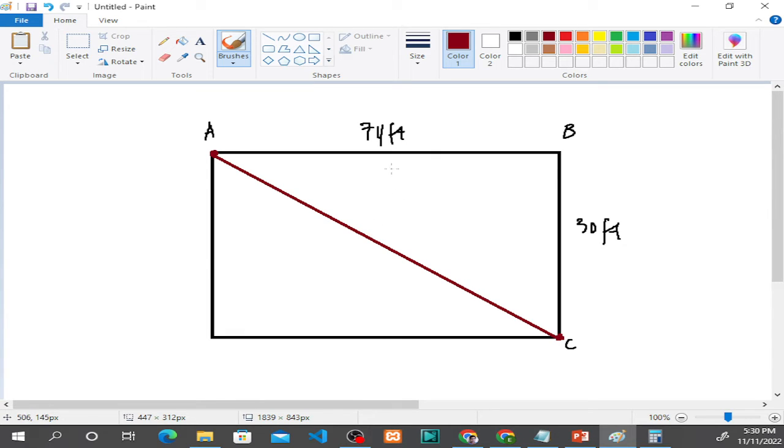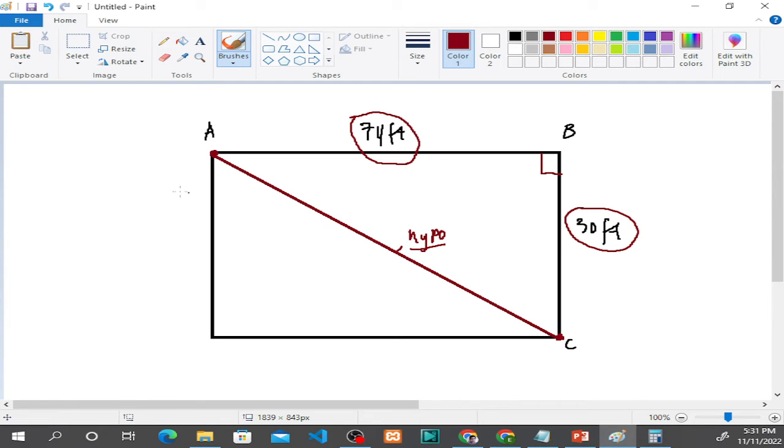You will notice that there is no direct calculation for this other than making use of the Pythagorean theorem. We have a right angle somewhere here, and this is actually a right triangle, and this one is the hypotenuse. The legs of the triangle are 74 feet and 30 feet.